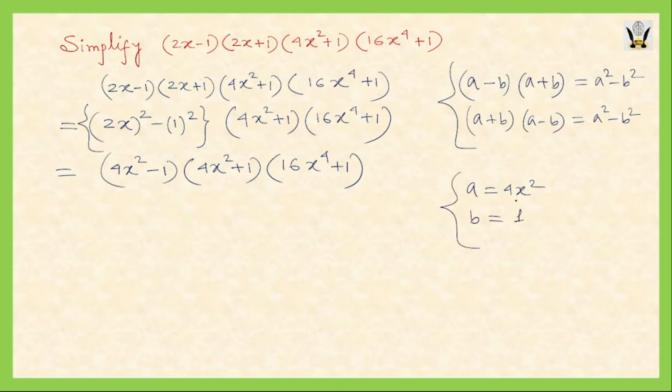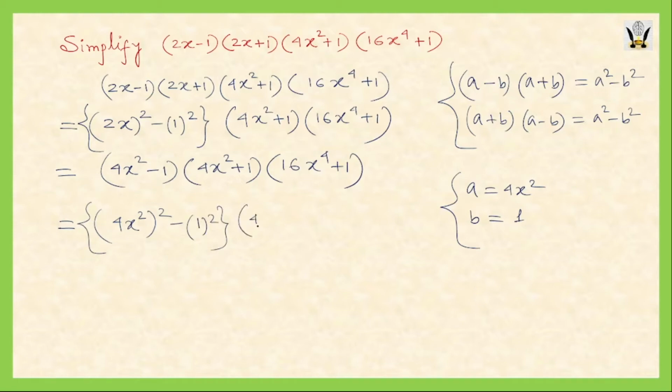So we will be using this identity, a minus b multiplied by a plus b. So what will it be? It will be again a square minus b square. So a is our 4x square, so square of that term, and b is again 1, so square of that term, and this we will write within bracket.